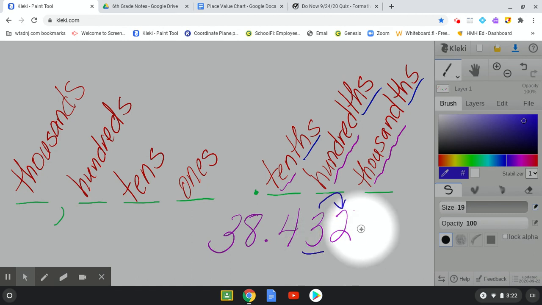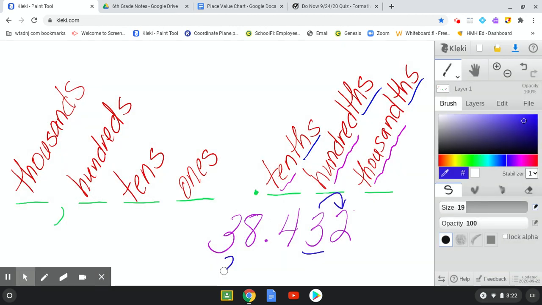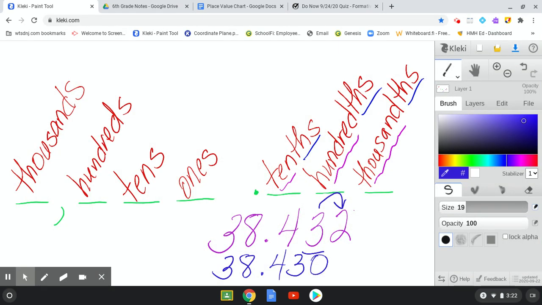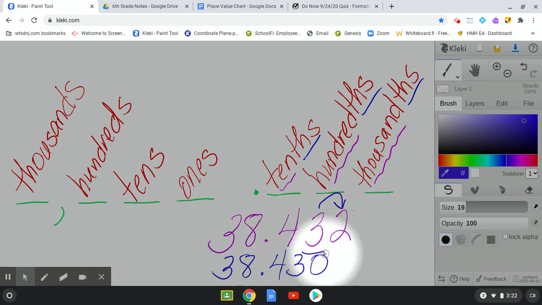Everything to the right of what I underline is going to become a 0. Everything to the left of what I underline stays the same. So my 3 stays, my 8 stays, my decimal stays, my 4 stays. My 3 is staying a 3 because this was not a 5 or higher. So that 3 stays, and everything to the right would become a 0.